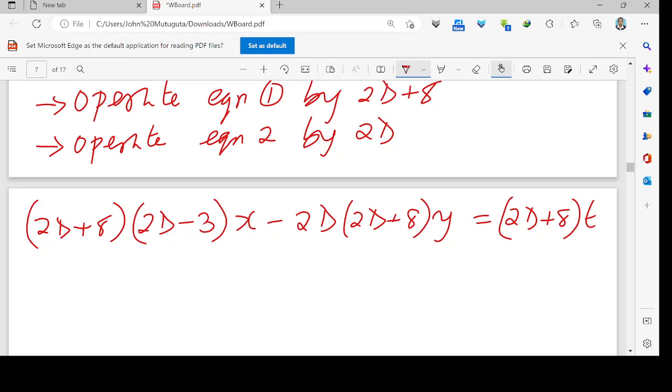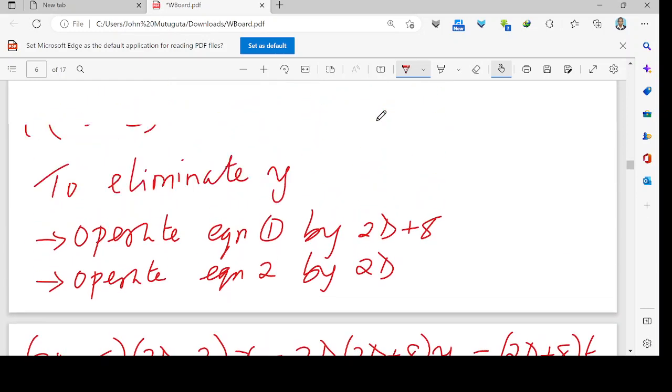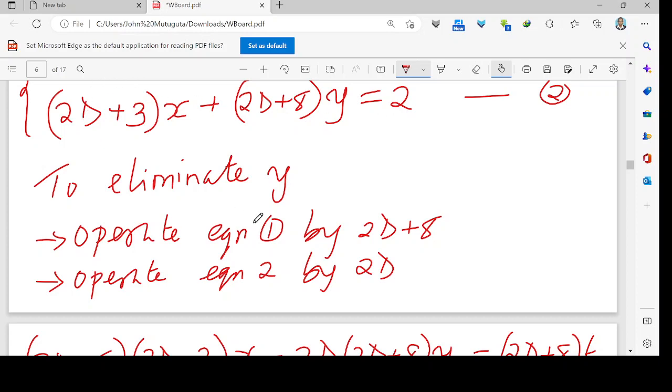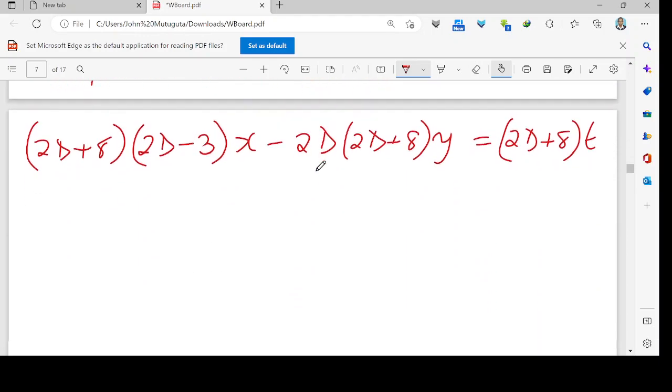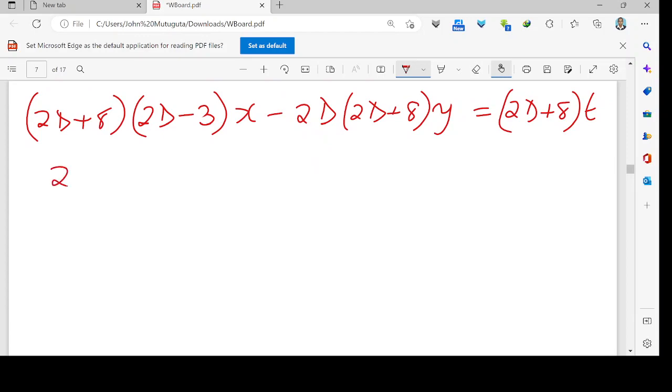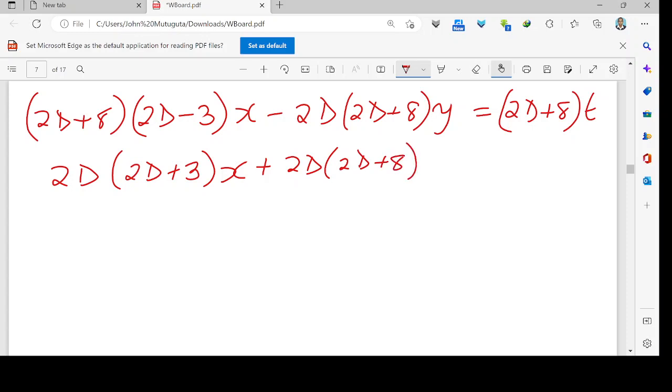In the second equation, we need to operate this equation with 2d. So we shall write 2d here, 2d here, and 2d here. So we get the equation becoming 2d operating on 2d plus 3, which operates on x, then plus 2d operating on 2d plus 8, which operates on y, and this will be 2d operating on 2.